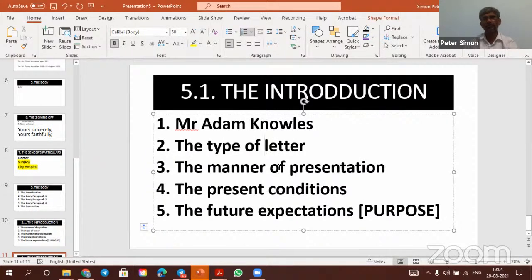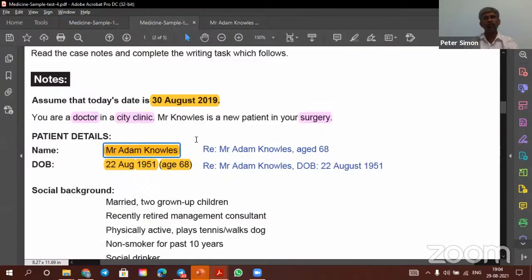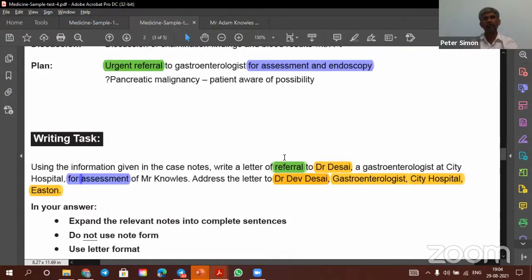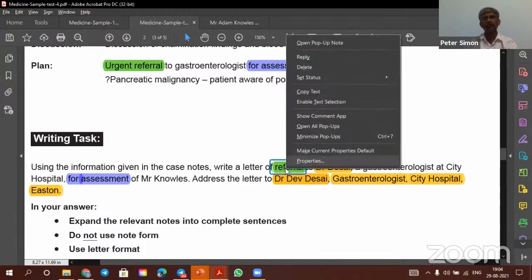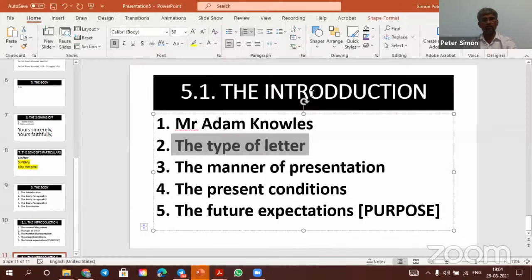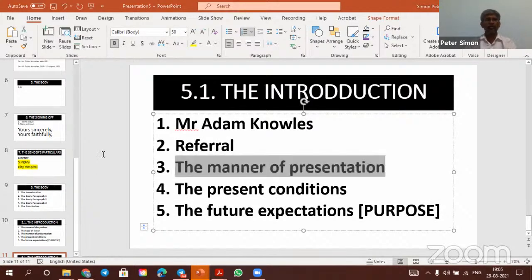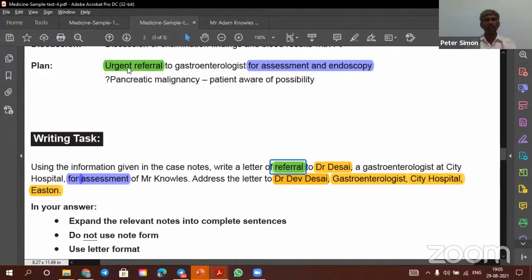The type of letter. Go here. This is the type of letter. Copy the text, put it here. And the next one, the manner of presentation is urgent referral.